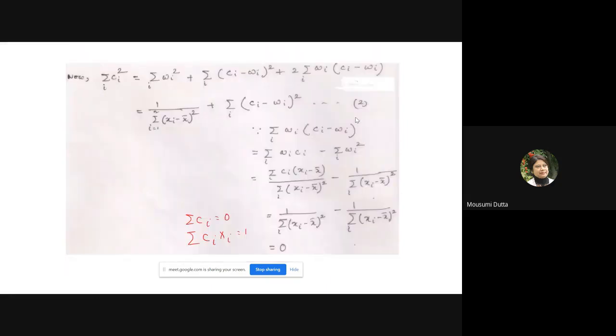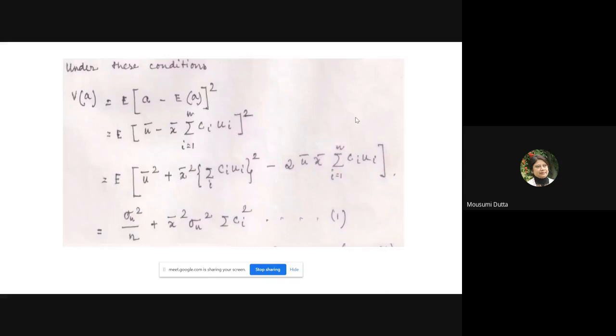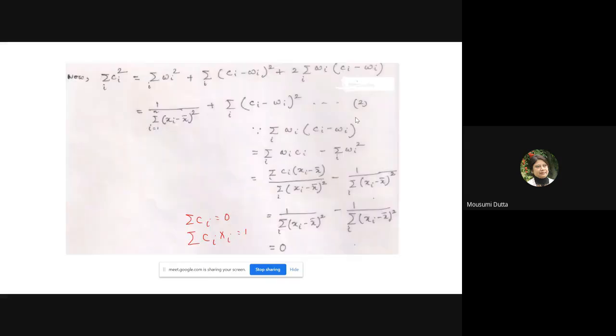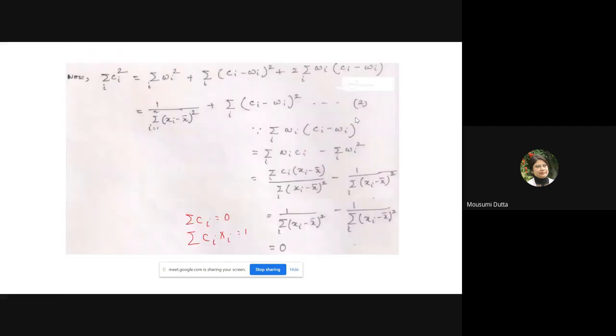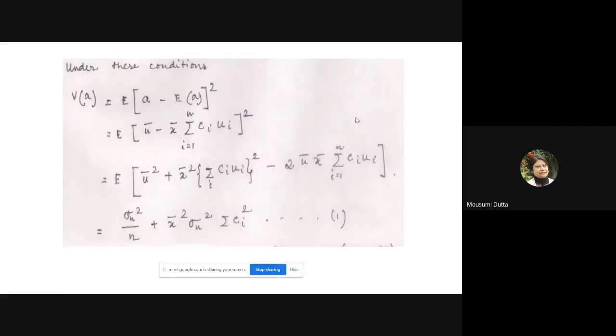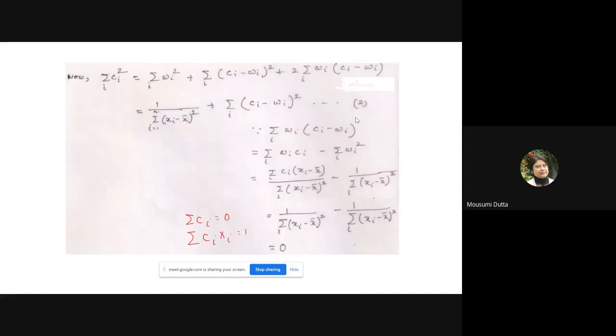So from 1 and 2, this is 1 and this is 2, we are getting variance of A is equal to sigma square by n plus x bar square sigma u square summation ci square.